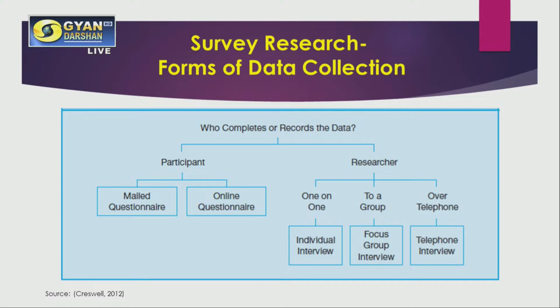The other mode is where you interview them telephonically. Other tools are also used, but questionnaires and interviews are some of the major tools which you can use for doing survey research. So this is about the tools or instruments used in survey research.